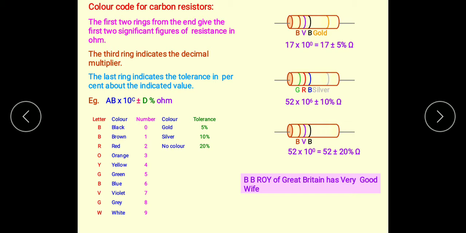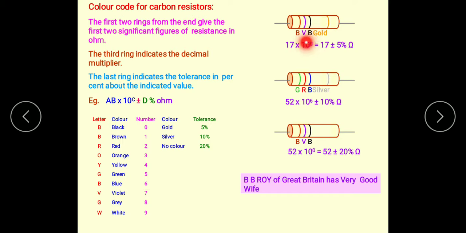For specifying the resistance, we cannot use local words like ohm, or local symbols which we use in our country, because we cannot say that these are also used in the other country to which we are selling this carbon resistor. So for providing standard specifications, we have to use some color codes.